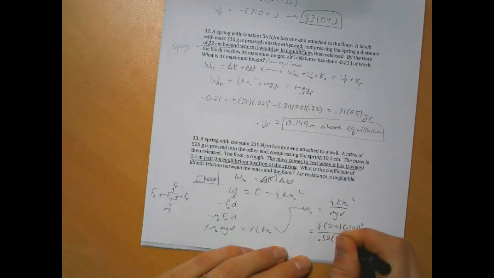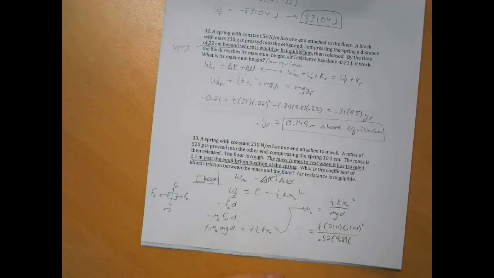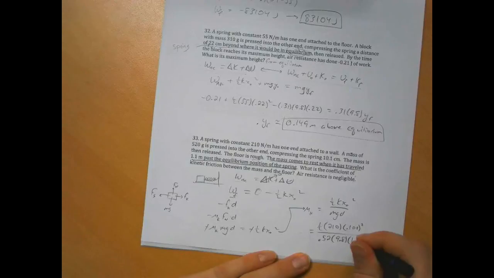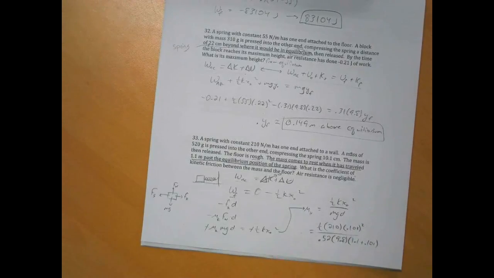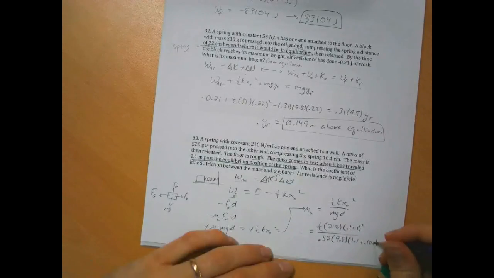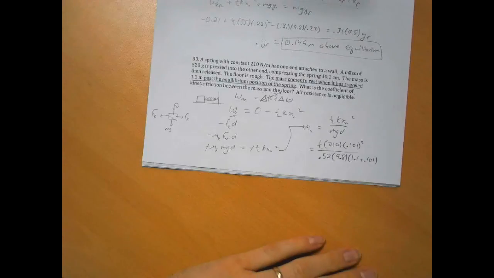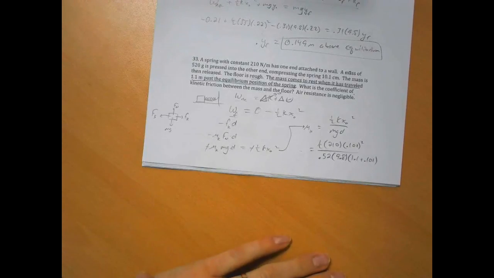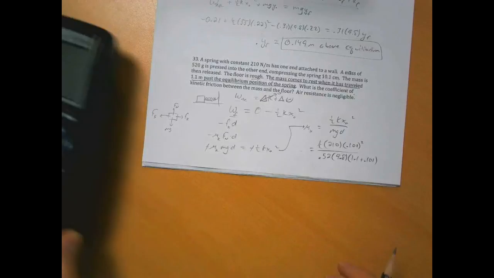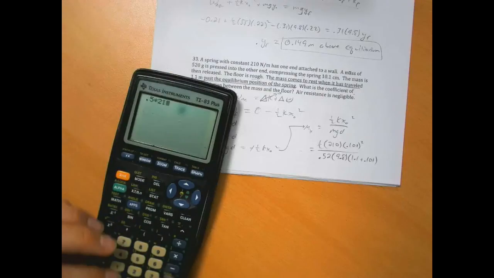G, of course, is 9.8. Yeah, because friction will be acting the whole time. The friction doesn't start when the spring stops being compressed. Friction's going on the whole time. Yep, and then we can calculate.